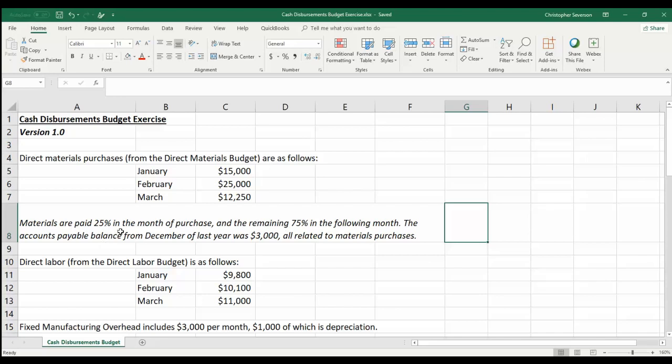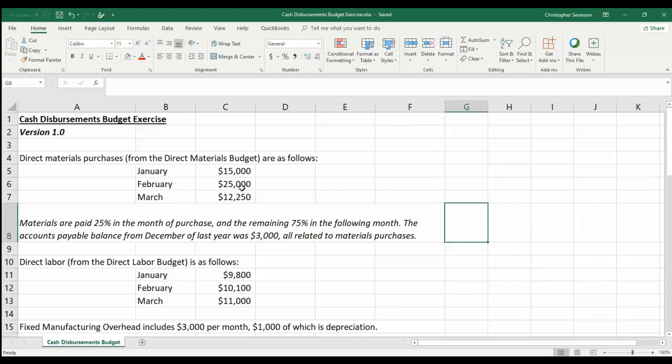Here they're telling us that the accounts payable balance from December of last year, in other words, the last month prior to this quarter, was $3,000, and it was all related to material purchases. So that $3,000 is what we're going to have to pay first, in January. We've got to pay the $3,000, plus we're going to have to pay for 25% of January's. And then the other 75% of January's will be paid the next month.